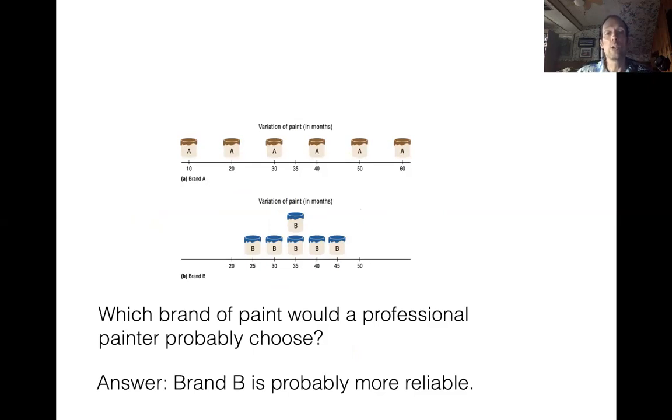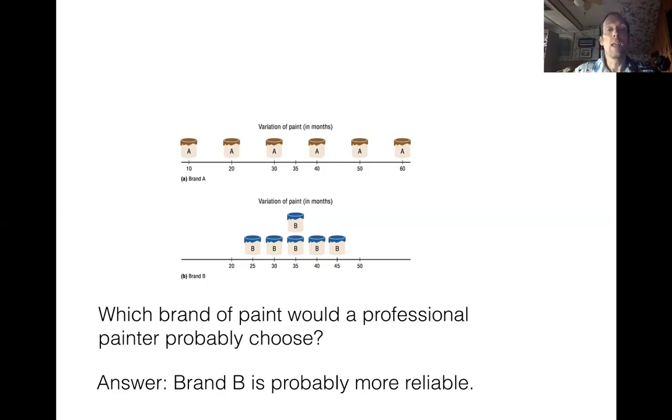The dry time window is much smaller, between 25 and 45 hours, whereas the data set in brand A is much more wide. It'll dry anywhere from between 10 hours and 60 hours. So it's going to be a lot more difficult to properly get a fix on when the room is going to be ready to use again.